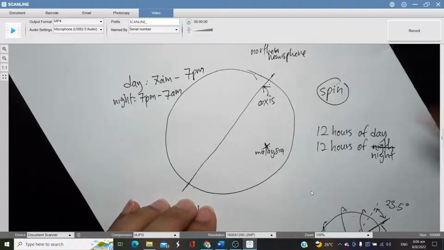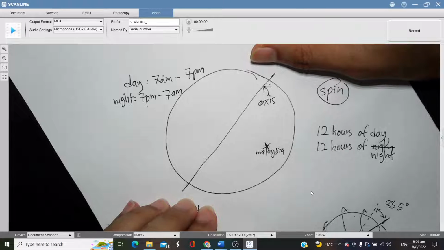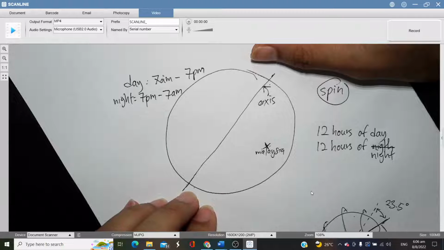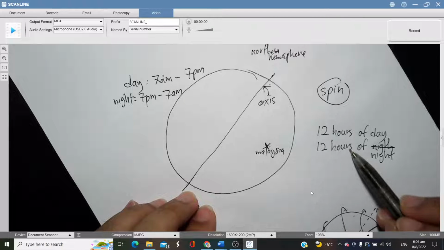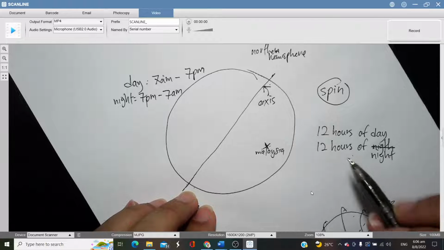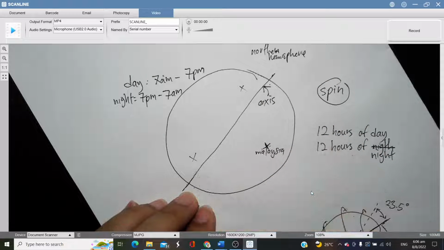This is also extra. The Earth, like the globe here, you see, day and night, but not always like this. We are in Malaysia, alright? Let's say somewhere else, a different story, but still you will experience day and night.